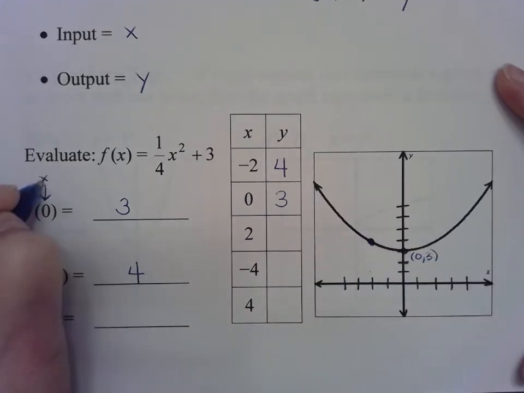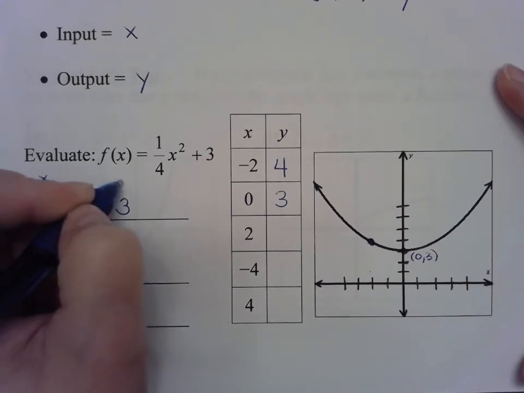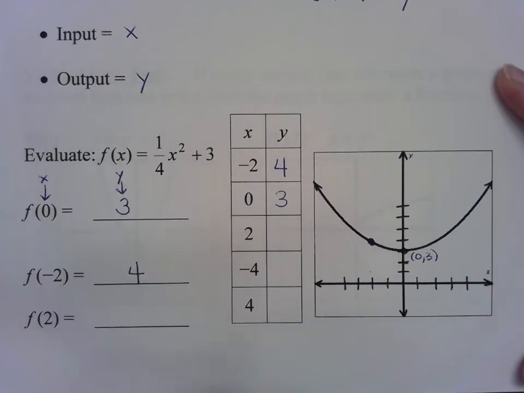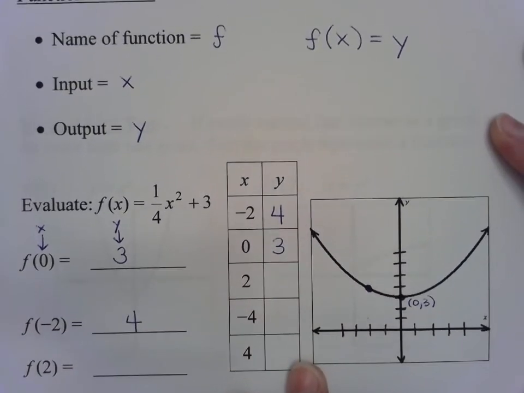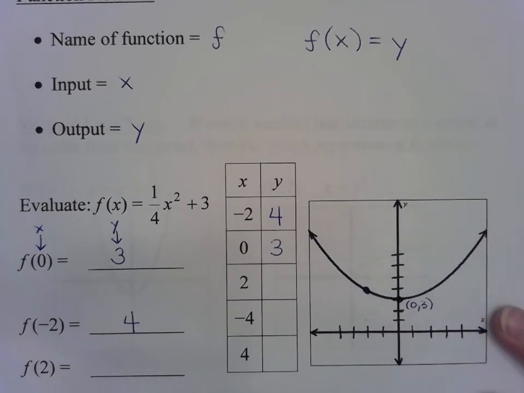Right? Where my x value is always going to show up in the parentheses, and it's going to be equal to the y value, just like we wrote up here. Okay? I'm not going to fill in the rest because I feel like that maybe is enough to give you an idea of what that's like.